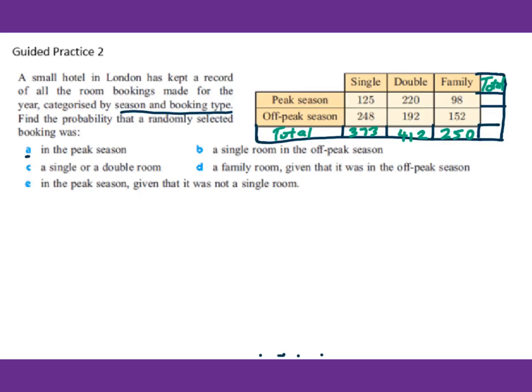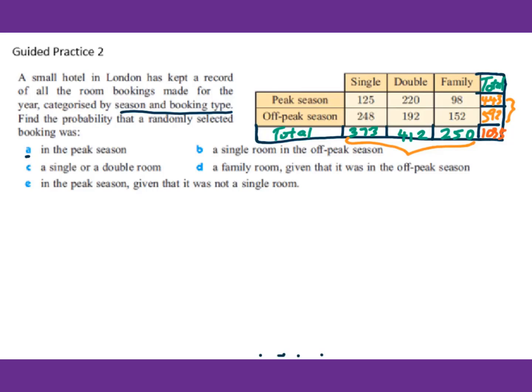Adding all these three horizontally. After you get the total number, you can check these three adding. Is it 1035? These two adding, is it 1035?